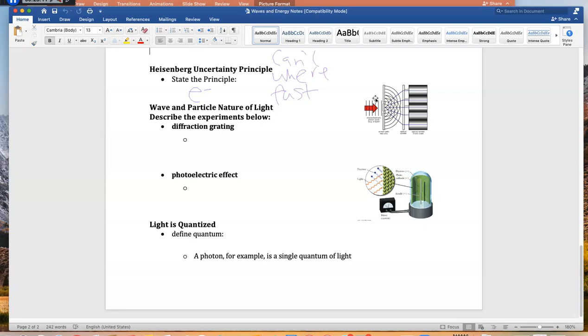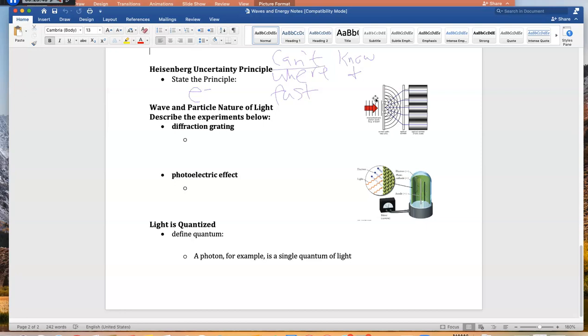Okay, uncertainty principle. Heisenberg found out that with electrons, you can know where they are, and you can know how fast they're moving, but you can't know that at the same time. So you can't know where an electron is and how fast an electron is moving at the same time.